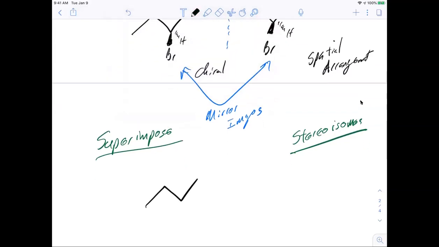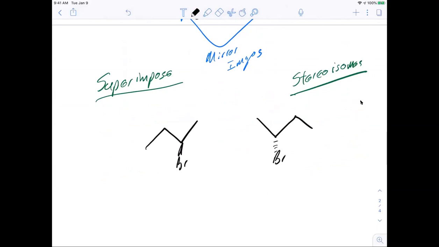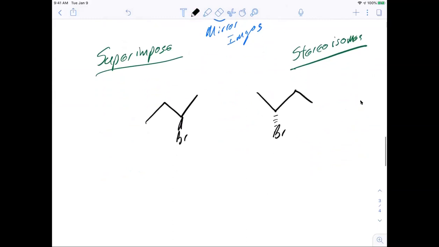If we looked at these molecules, so let's take this bromine and then over here, we take these two versions. What happens if I spin this one? Well, if I spin it, I'm going to end up with this. So these two are equivalent.